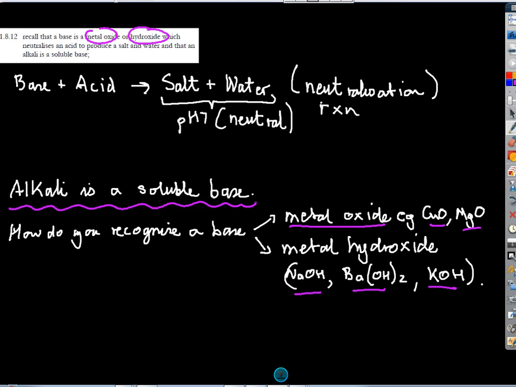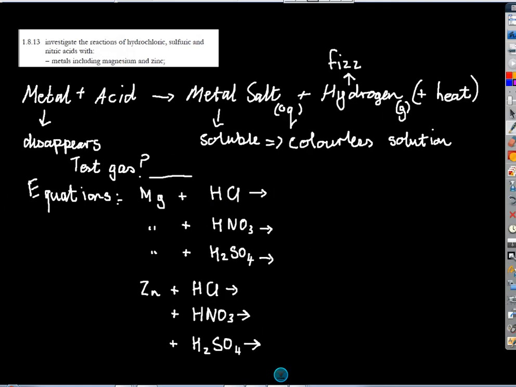Okay, so the general equation for base plus acid is that we always get a salt and a water, and that gives you a pH of 7, hence it's called a neutralization reaction, which we've referred to over here. RXN, by the way, is my shorthand for reaction. You may see it pop up now and again if you're unsure what it is. And then just how do we recognize bases, sorry. Okay, so there we go, your metal oxides or your metal hydroxides. So bear that in mind for what comes later.